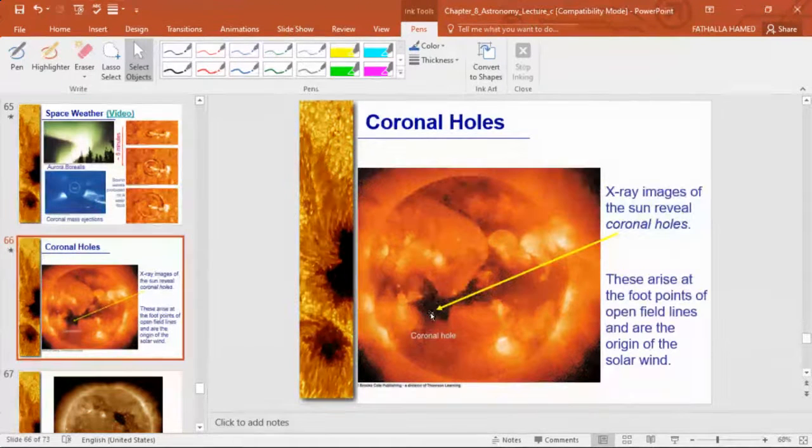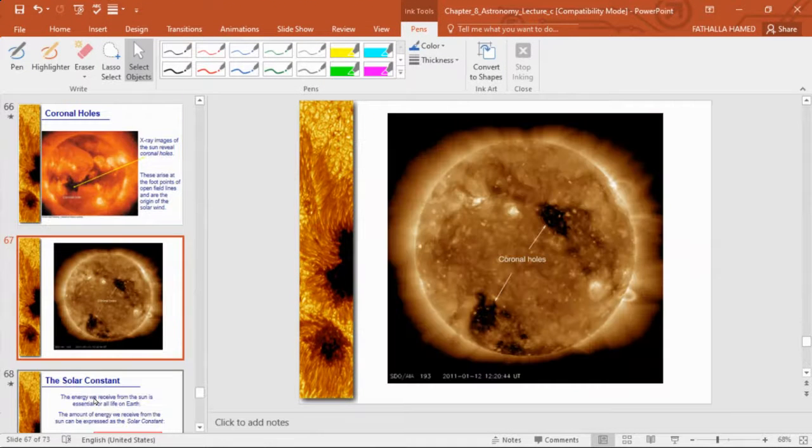And these coronal holes, basically, when you have open field lines, and that's the origin of the solar winds that comes toward the Earth. So that's an example here where you see coronal holes, and that can basically send in these solar winds that are harmful to our atmosphere.